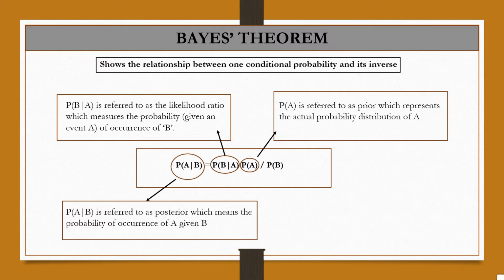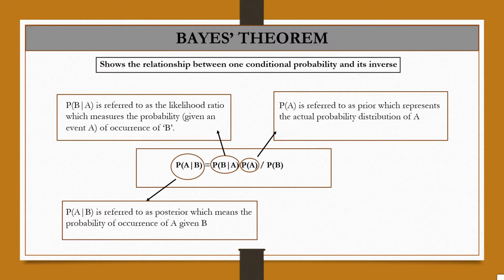The left-hand term is referred to as the posterior, which means the probability of occurrence of A given an event B.